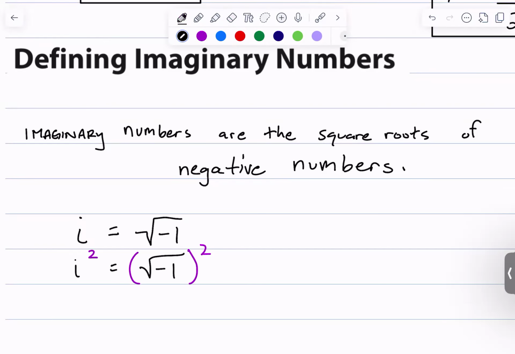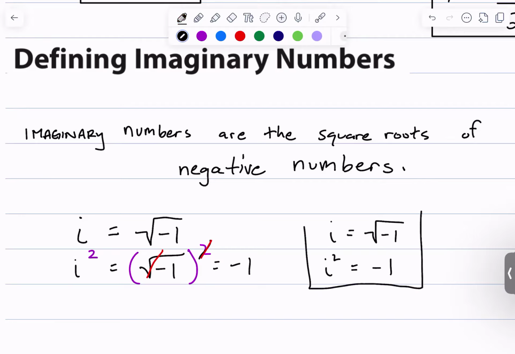The square and the square root, they would cancel out, making this equal to negative 1. So the big idea here is that i equals the square root of negative 1, and i squared, if I square an imaginary number, it becomes negative 1. Okay?